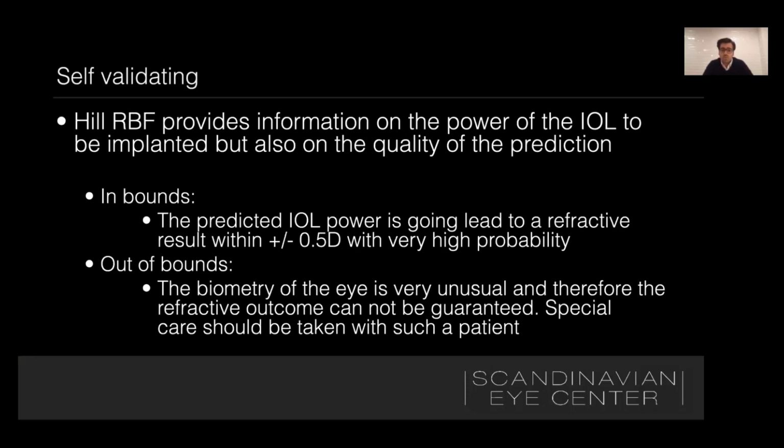If it's inbounds, we know that with a very high probability, around 90%, we'll be within plus minus half a diopter. If it's out of bounds, which is going to be very rare now, as I understand with the 3.0, we know that there's some very special things going on, and we have to really be careful.